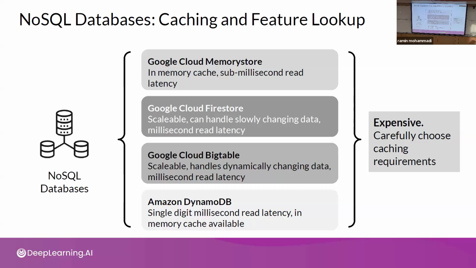It's kind of like pre-computed values that you can quickly read. These types of databases are pretty useful. The challenge with all of this, in case some of you have done this in your projects, is that they're pretty expensive. So unless you actually need it, don't go towards it because they're actually pretty expensive.